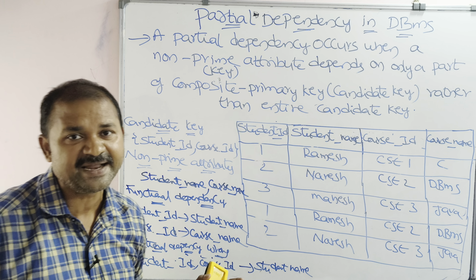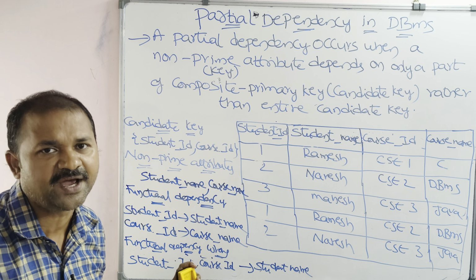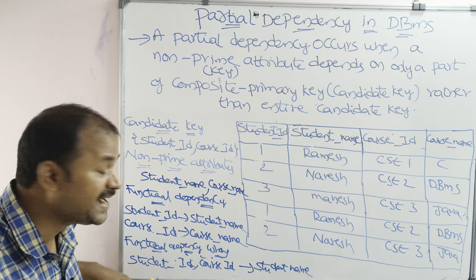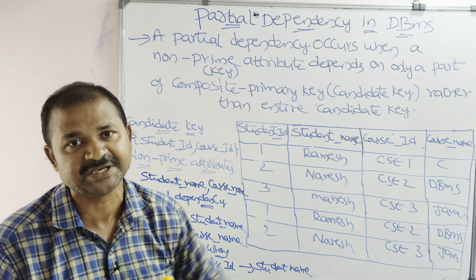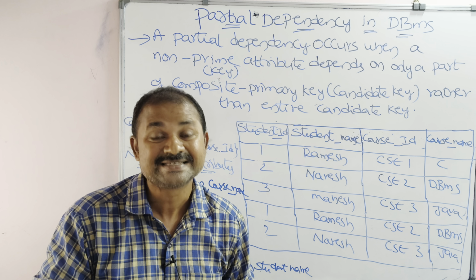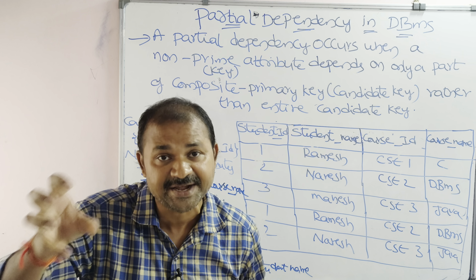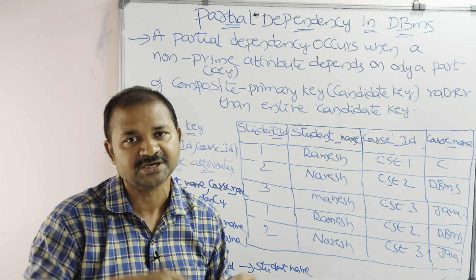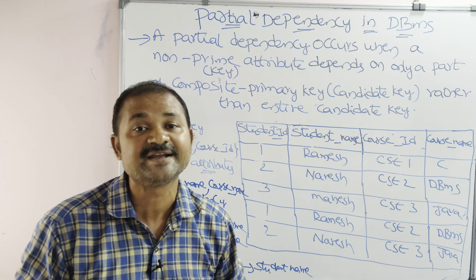Partial dependency means the non-prime attribute depends only on part of the candidate key rather than the entire candidate key. So we have to eliminate the partial dependency. We have a concept called second normal form. To show that a relation is in second normal form, we have to eliminate partial dependency. In second normal form, we will discuss how to eliminate the partial dependency.